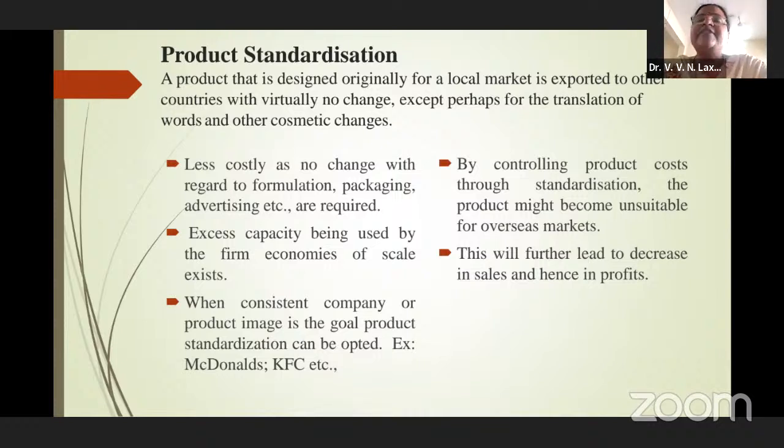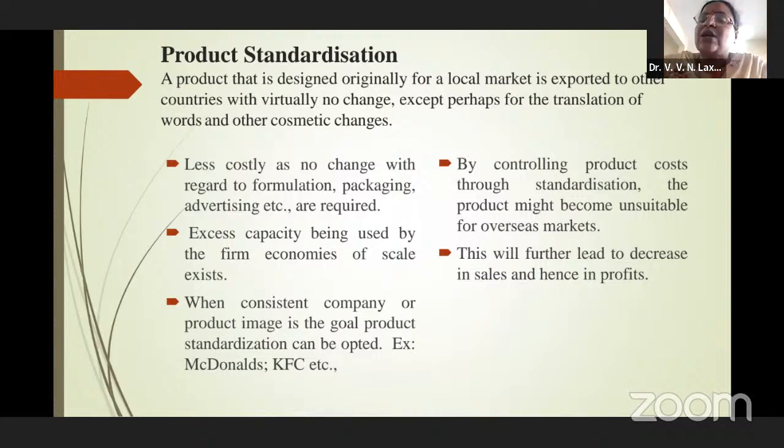But if the environmental factors and other factors like cultural or technical factors come in, suppose it's an advanced country and the people in that country are technologically advanced, then the product might not be suitable in the international markets. So at this point, it becomes compulsory for the company to modify the product.